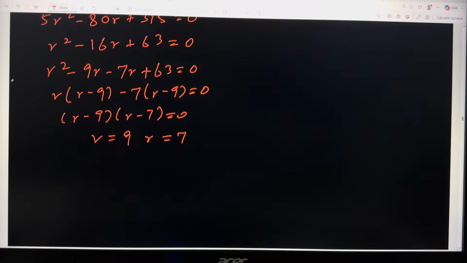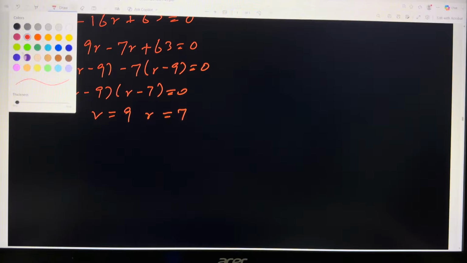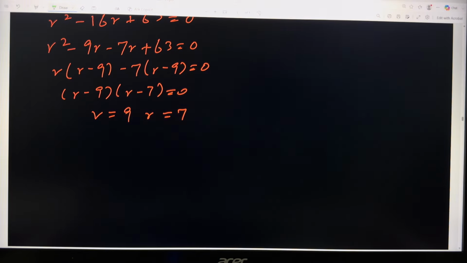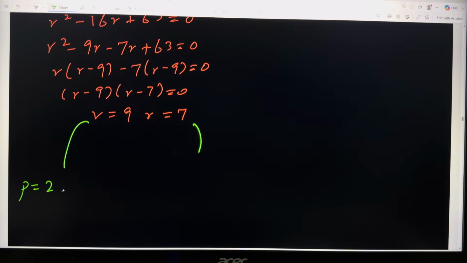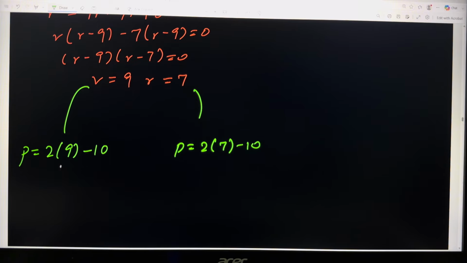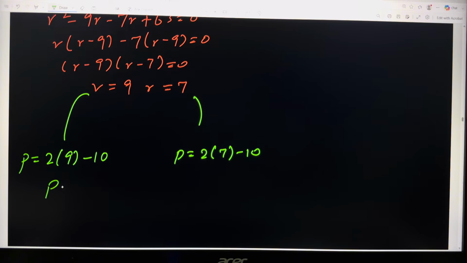So we can just substitute, because the previous part said that p is equal to 2r minus 10. So p is equal to 2r minus 10: 2 nines are 18, 18 minus 10 is equal to 8, and 2 sevens are 14, 14 minus 10 is equal to 4, so 8 and 4.